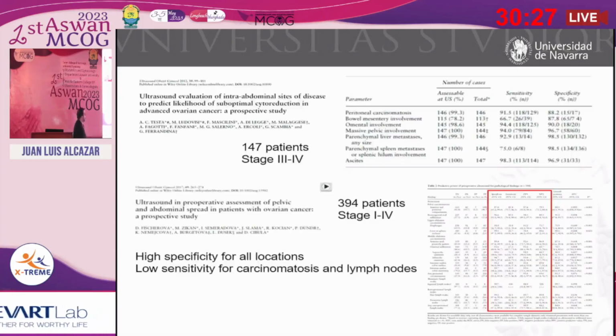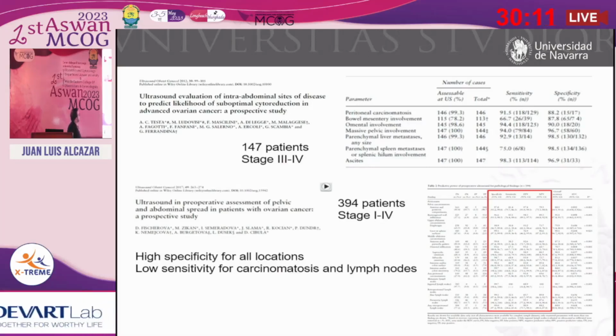So actually, we started to think that ultrasound scanning could be good for staging ovarian cancer by imaging.